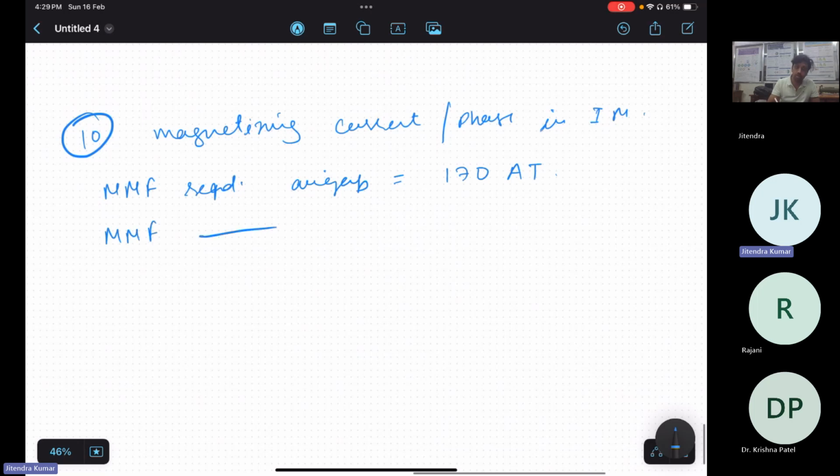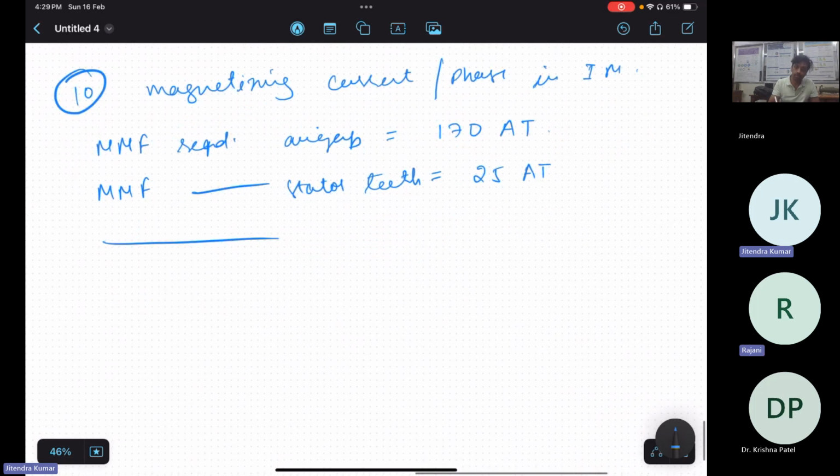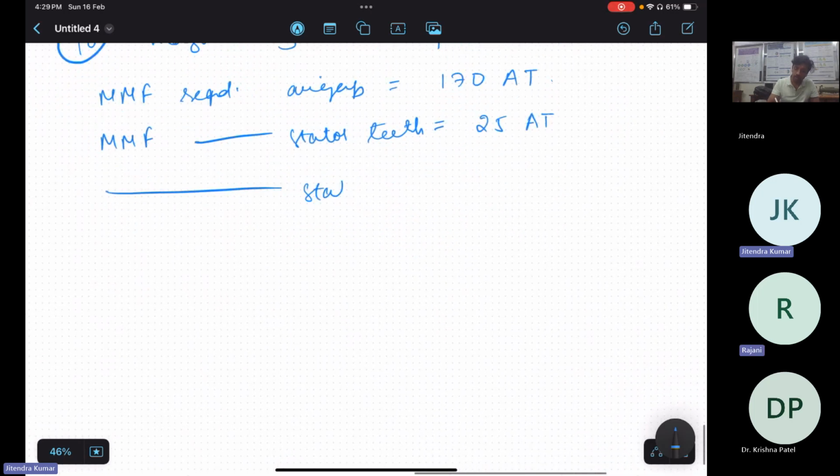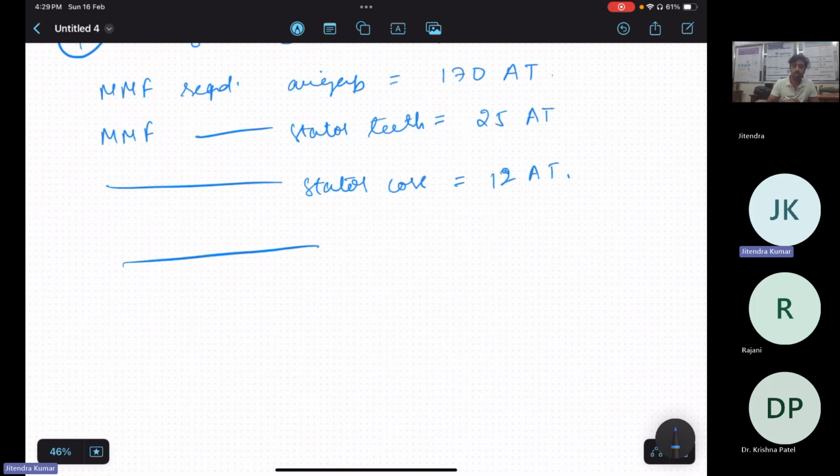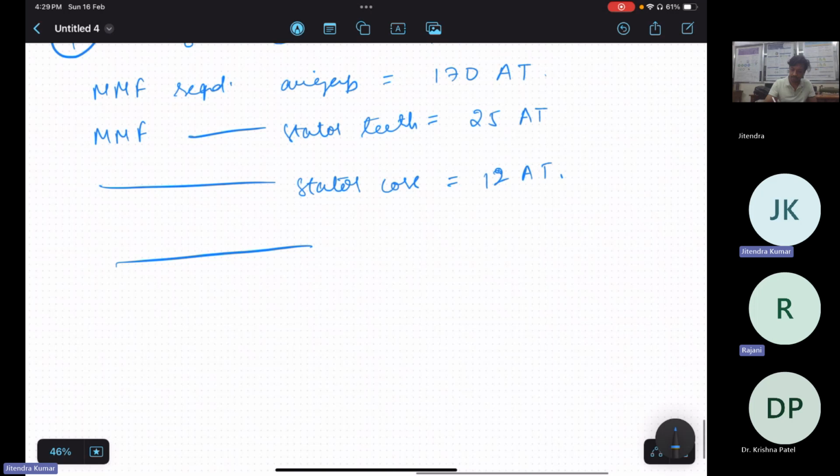MMF required for stator teeth is 25 ampere turns. MMF required for a stator core is 12 ampere turns. MMF required for rotor teeth is 19 ampere turns.